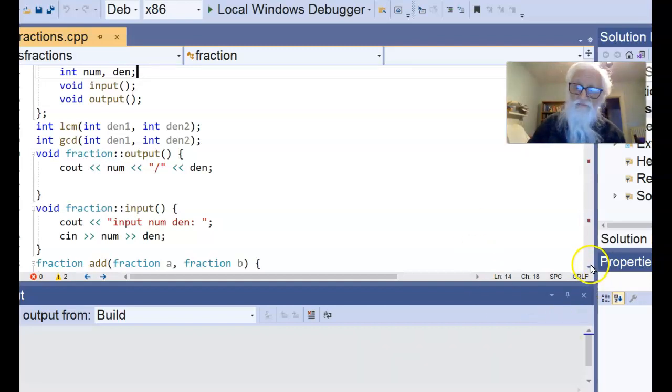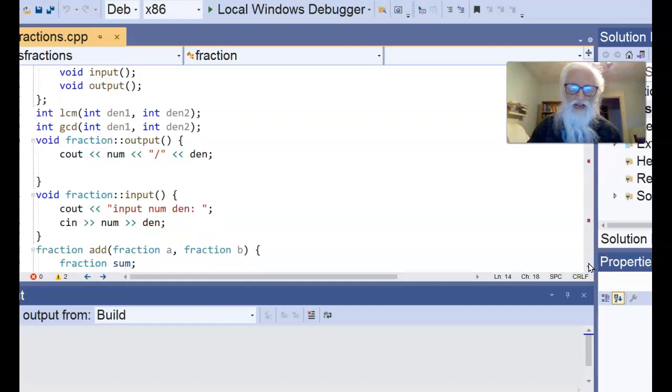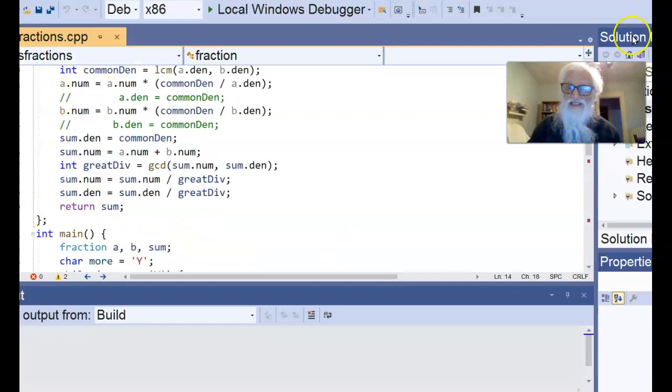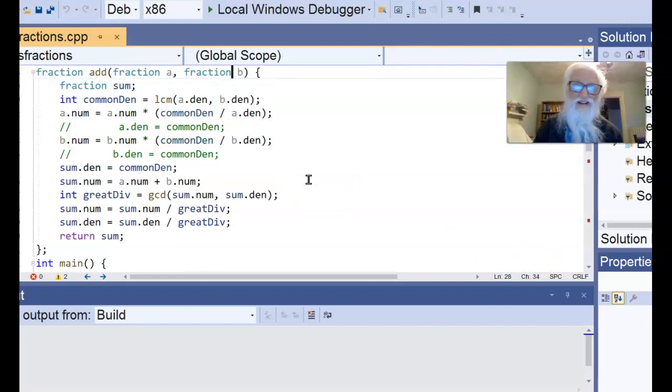Now the add. I want a fraction as the output. Some of you, maybe not all of you, may notice something. Fraction has two parts, a numerator and a denominator. And no function can return more than one thing. However, a fraction isn't two things.